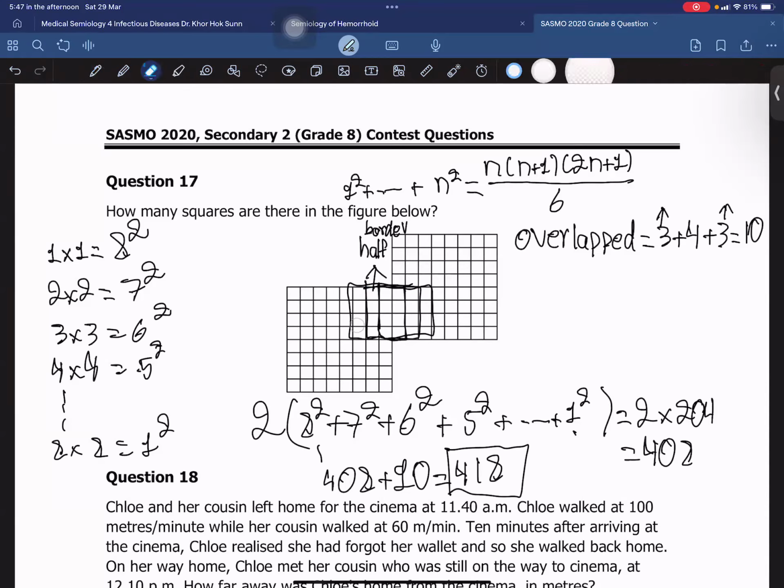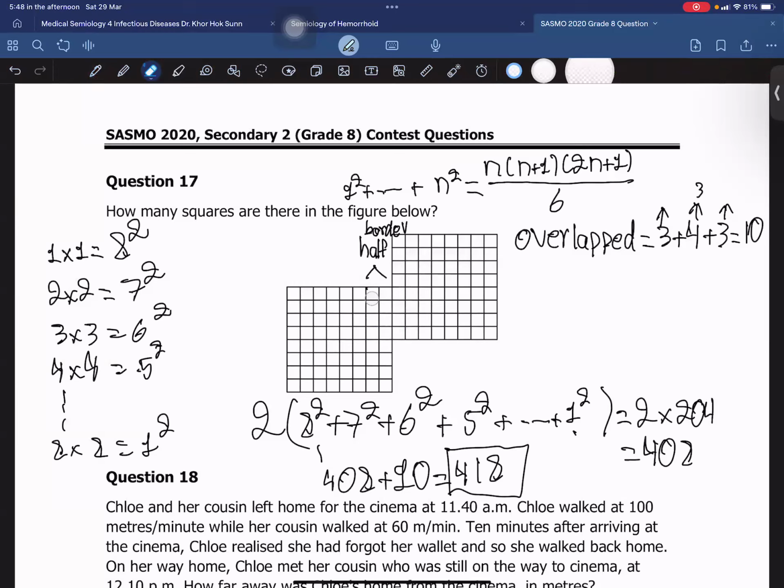So if we count the 3, we already count in here, right? So the 3 thing, it's going to be like this, and like this, like this, which is 4. This is the 3.